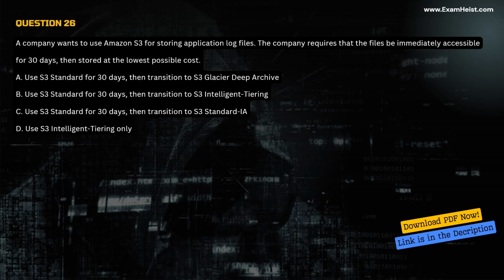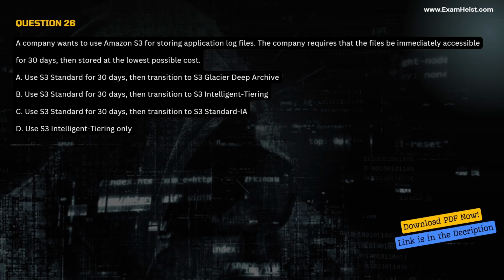The company requires that the files be immediately accessible for 30 days, then stored at the lowest possible cost. A. Use S3 Standard for 30 days, then transition to S3 Glacier Deep Archive. B. Use S3 Standard for 30 days, then transition to S3 Intelligent-Tiering.